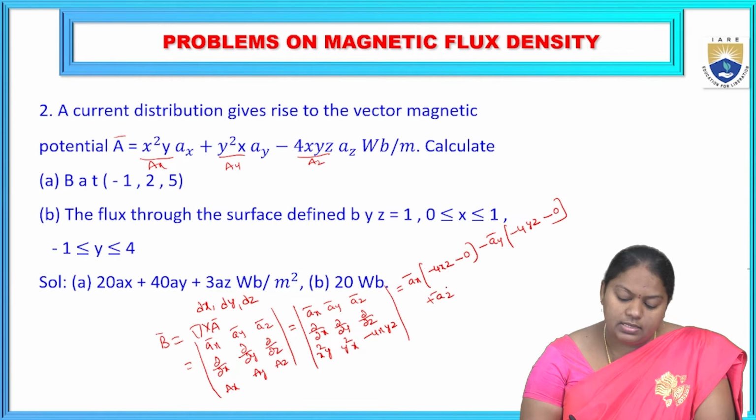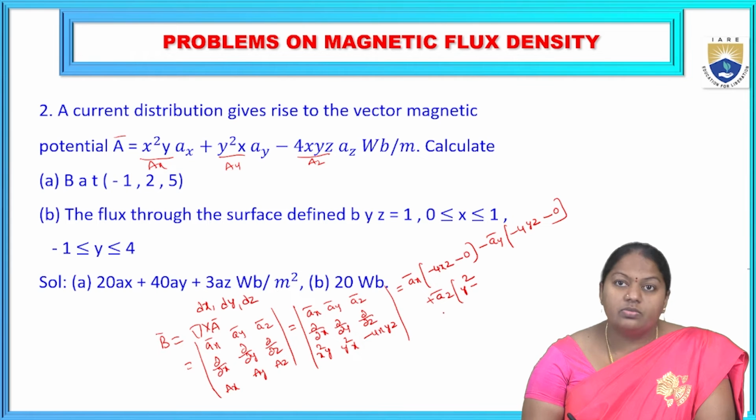Plus az into, first row and third column, dou by dou x of y square x, which is y square, minus dou by dou y of x square y, which is x square.